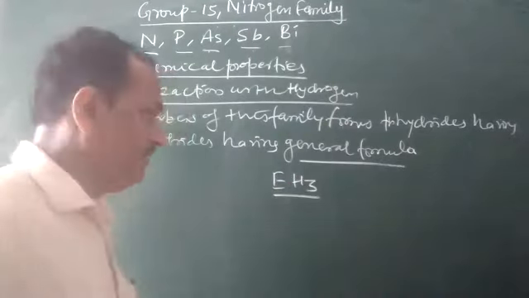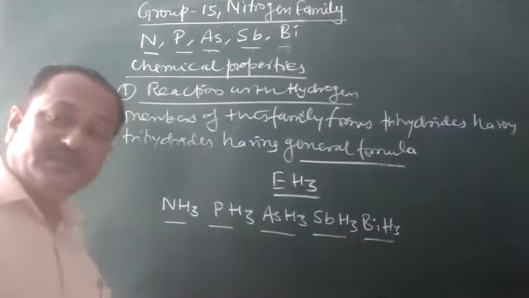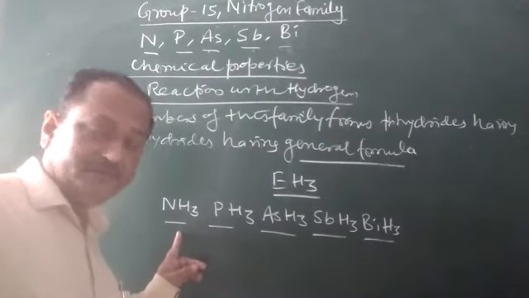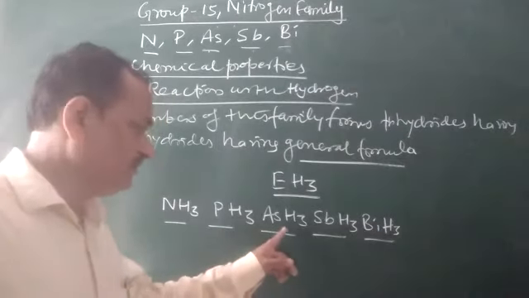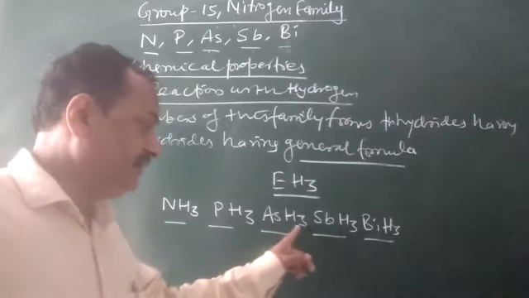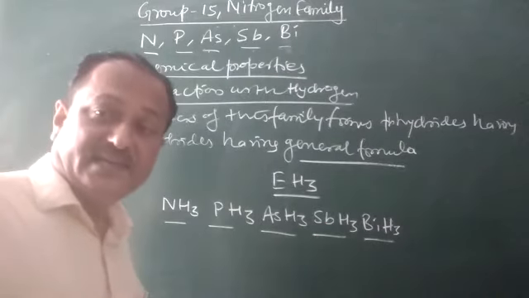Trihydrides like NH3, then there is PH3, AsH3, SbH3, and BiH3. These are the trihydrides of the family. This is ammonia. Then this is phosphine. This is arsine. This is stibine. This is bismuthine.